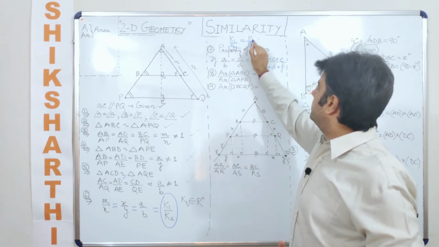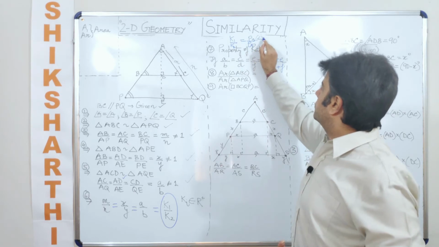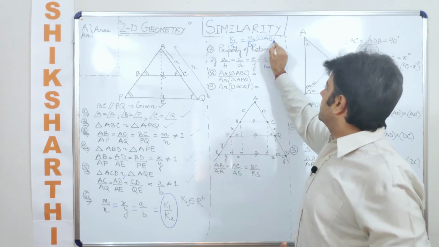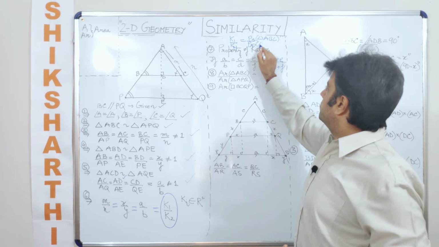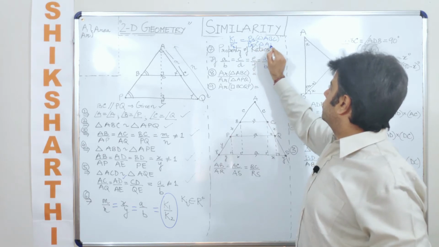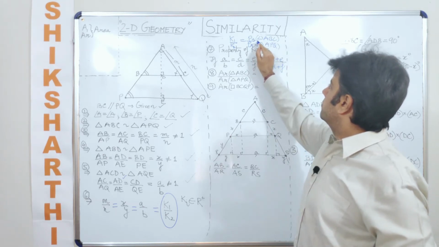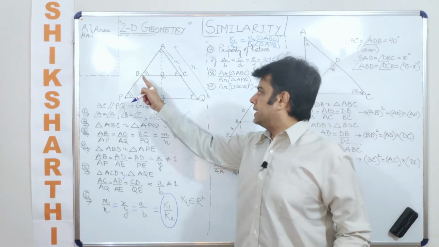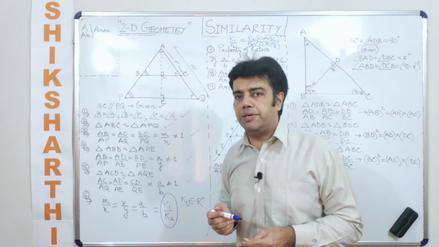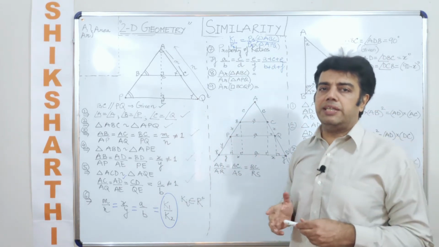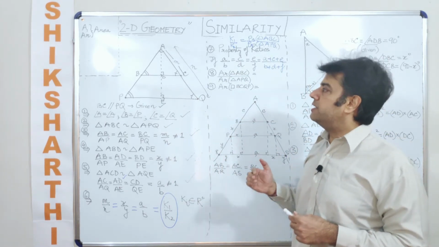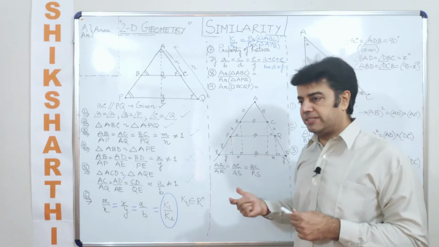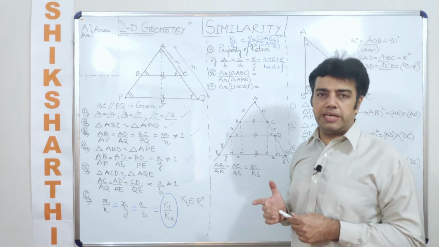So when we are talking about perimeters, I am basically talking about the perimeter of triangle ABC and the perimeter of triangle APQ. I'll repeat. If triangle ABC is similar to triangle APQ, we can say that the ratio of their sides will be equal to the ratio of their heights.